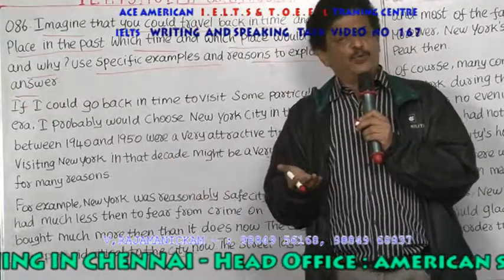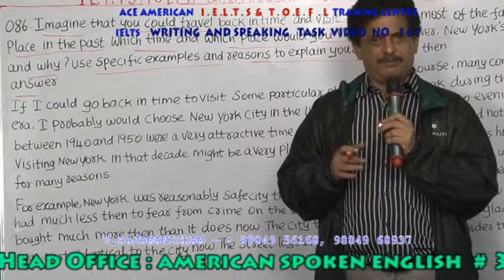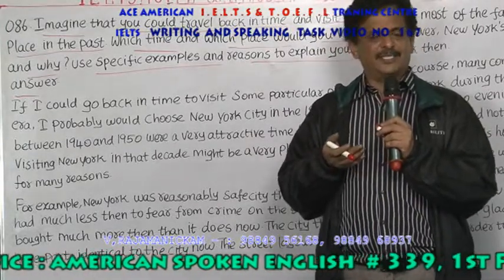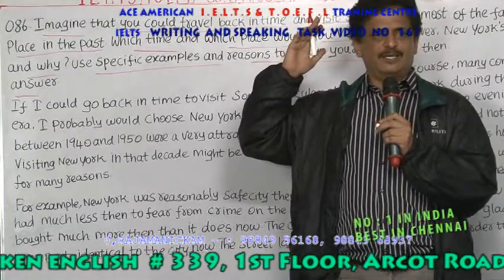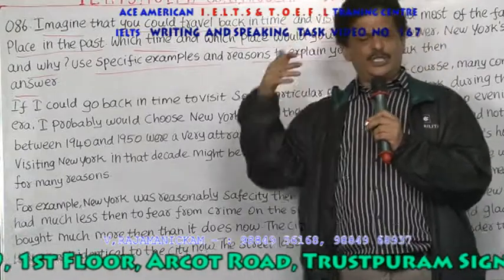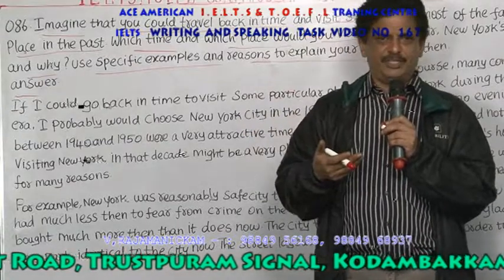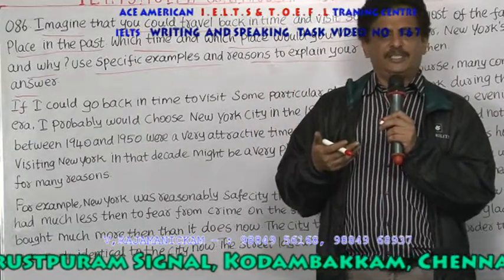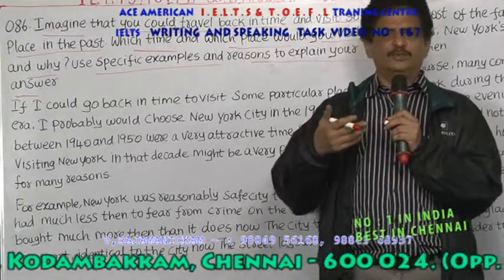So if you want to go back in time, maybe 10 years, 50 years, 100 years, maybe to the time of Jesus Christ, year 0, that is the 33rd year AD, or BC, whichever it is, in Caesar's time, or independence in 1947 of India, or 1914 to 18, World War I, or 1939 to 45, World War II.